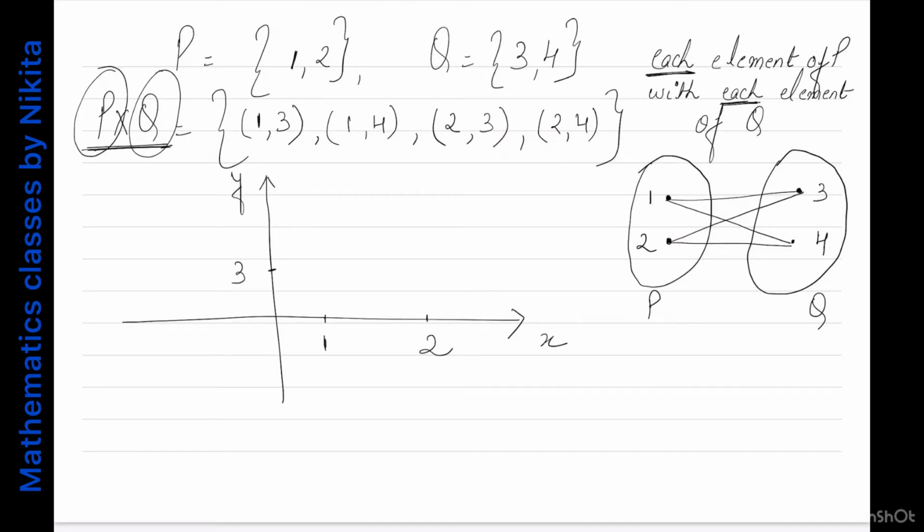So this is something like 3 and 4. You just draw the vertical lines like this and horizontal lines like this.